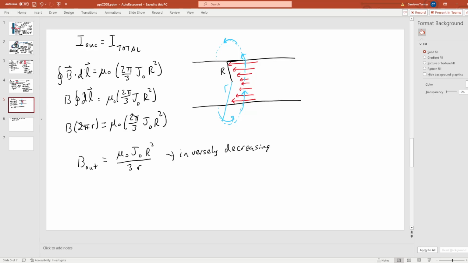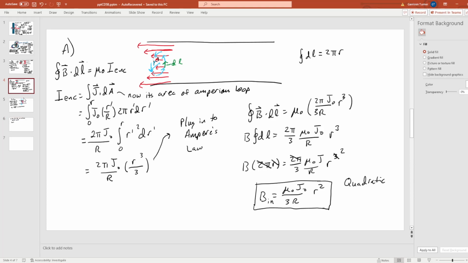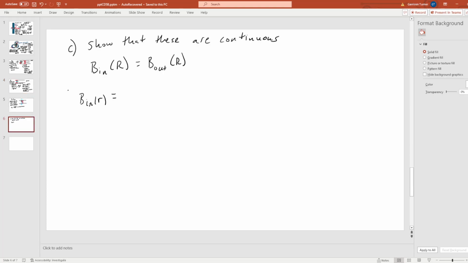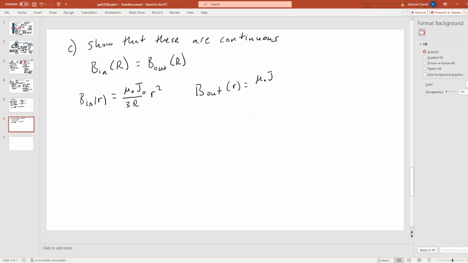So B in, as a function of my Amperian loop radius, was mu naught J naught over 3 capital R times r squared. And B out, as a function of my Amperian radius, was mu naught J naught R squared over 3 lowercase r.